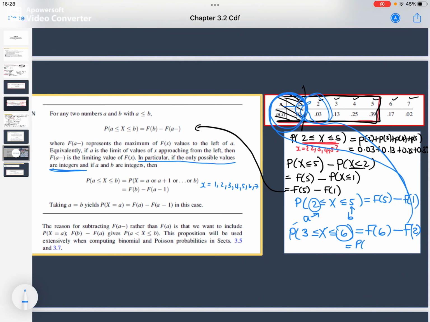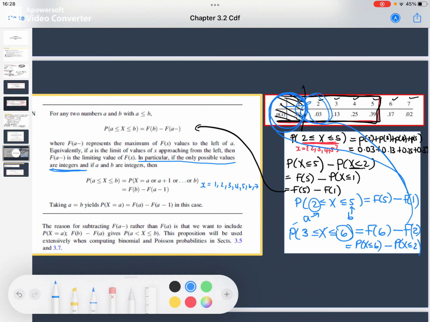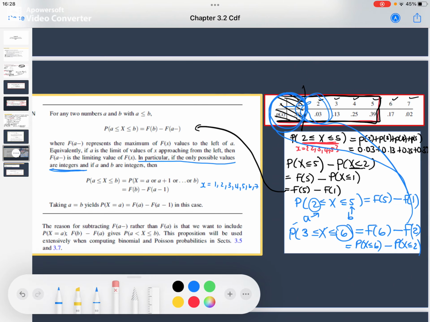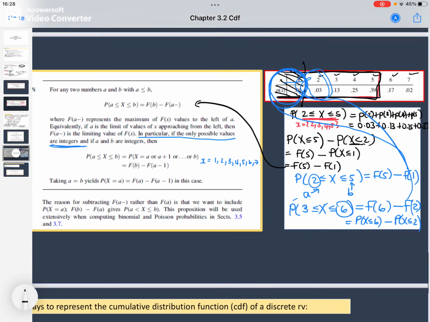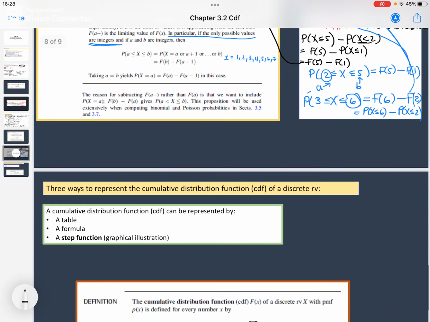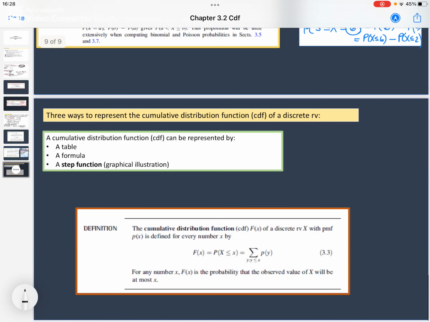So minus F of 2. That is equal to the probability of x less than or equal to 6 minus the probability of x less than or equal to 2. Do you understand? Have a look again if you do not understand. So that is the proposition.